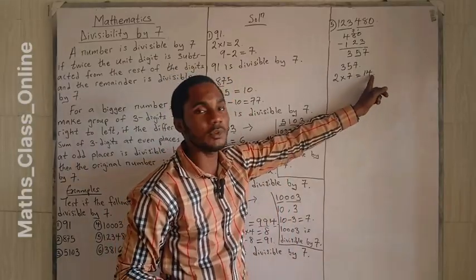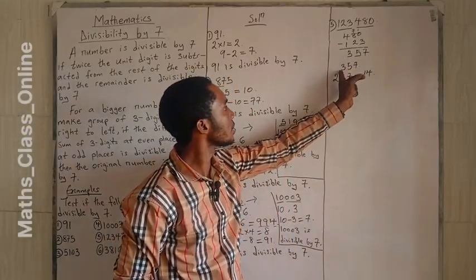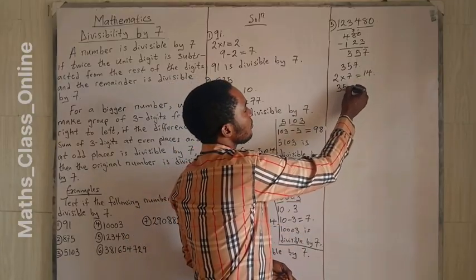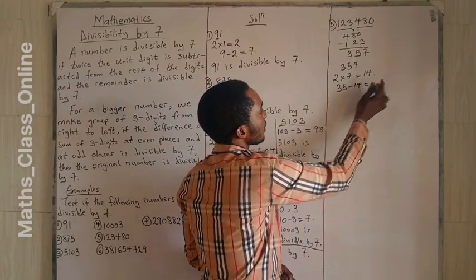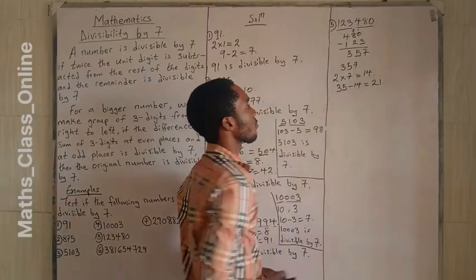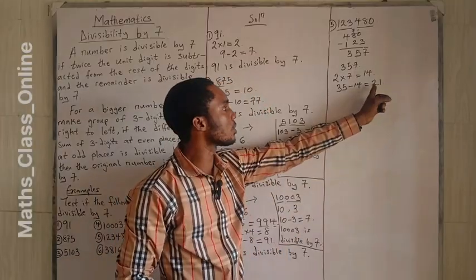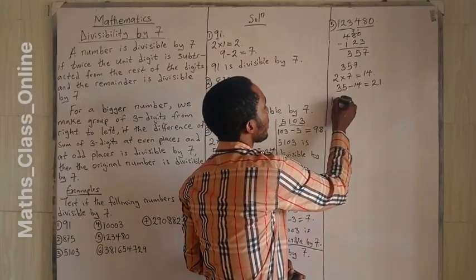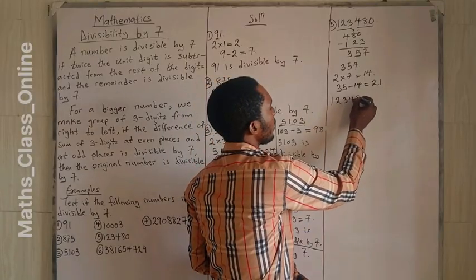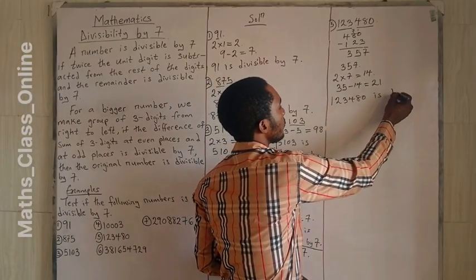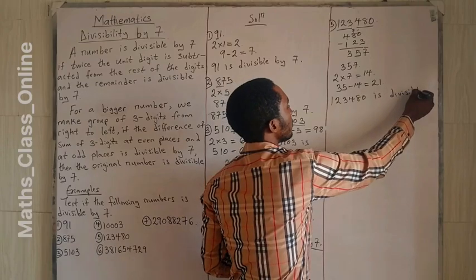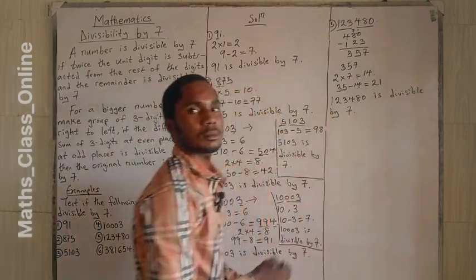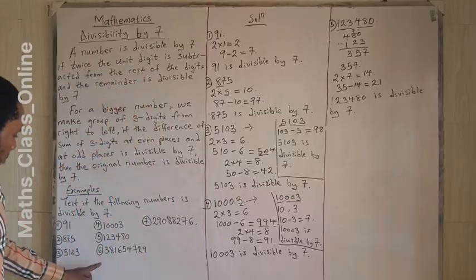We are going to subtract 14 from the rest of the digits, and that is what? 35. 35 minus 14, and this is 21. Can 7 divide 21? Yes, 7 can divide 21. That means that 123480 is divisible by 7.